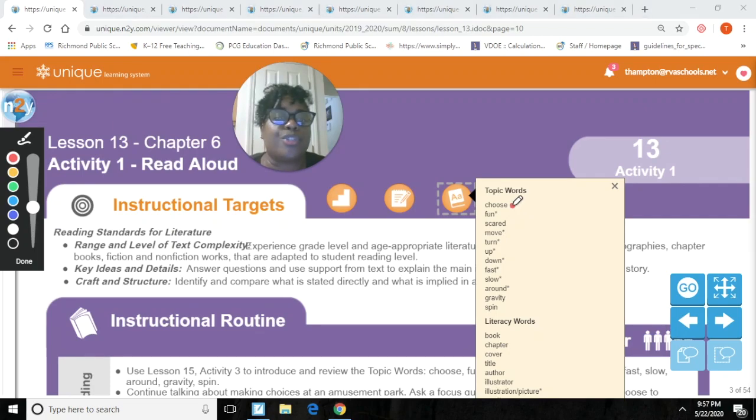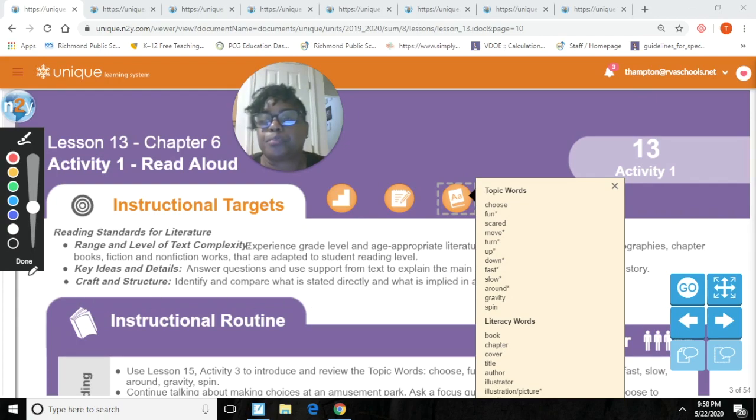Our first word is choose, fun, scared, move, turn, up, down, fast, slow, around, gravity, spin.